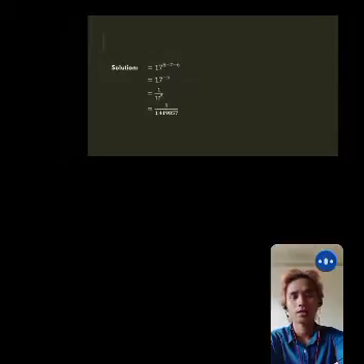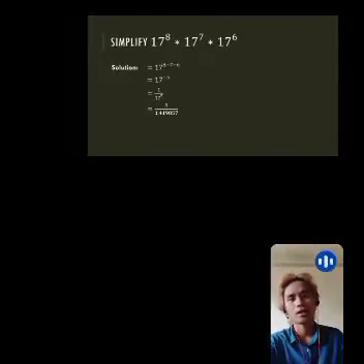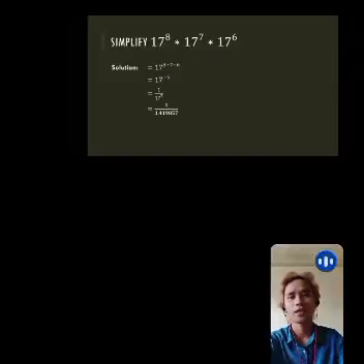Now next is to simplify 17 raised to 8, divided by 17 raised to 7 and 17 raised to 6. If you're going to simplify that, you need to copy the base because they have similar bases, and then subtract all those exponents. As you can see in the solution, you have 8 minus 7 minus 6.